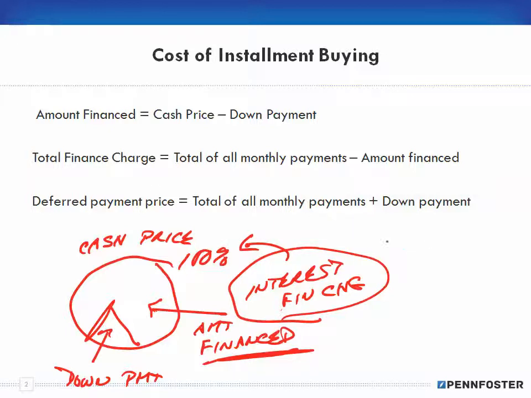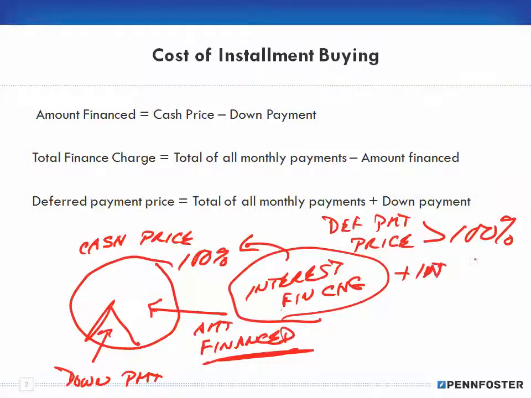So the deferred payment price is going to be greater than the 100% of the cash price, because of the addition of interest or finance charge. Whatever that amount is gives you the total amount of the deferred payment price.